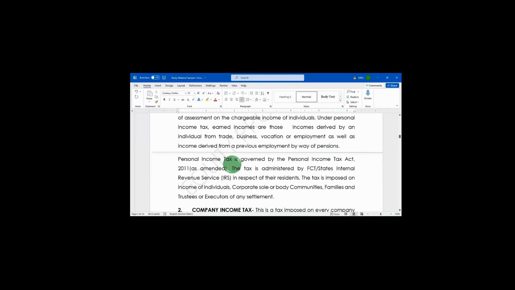Like me and you, every month from our salary, personal income tax is deducted before they pay us our salary as an employee. Personal income tax is administered by the State Board of Internal Revenue Service. It is state government that collects personal income tax, not federal government.